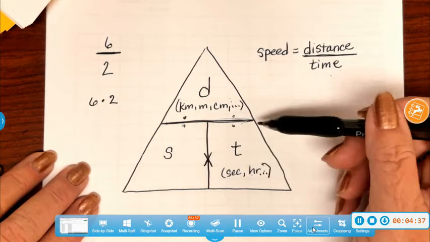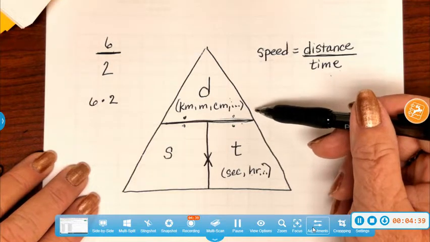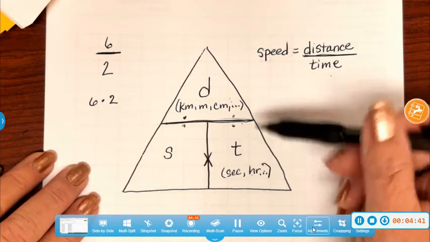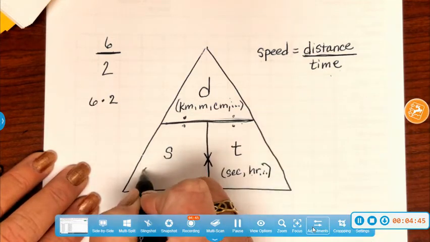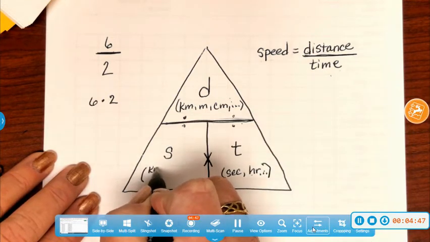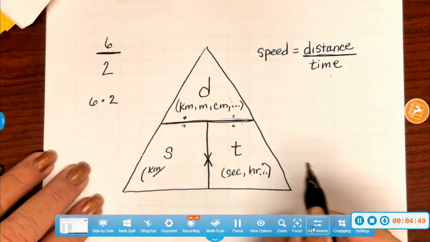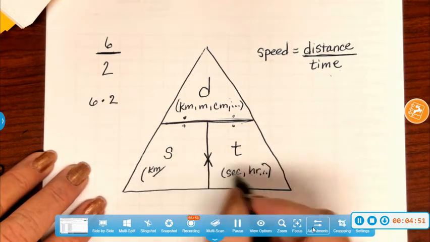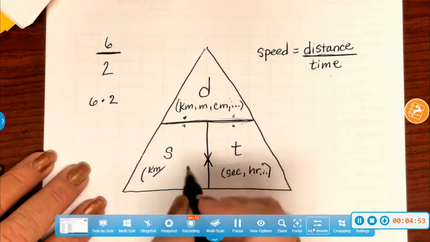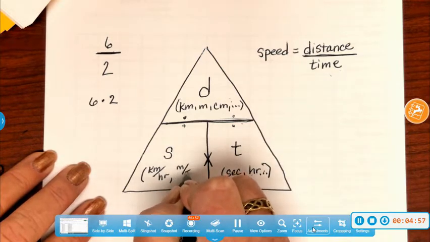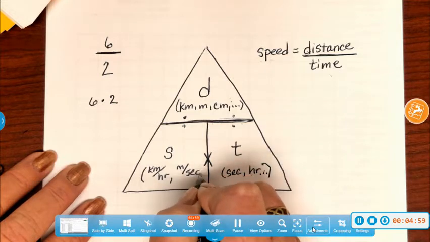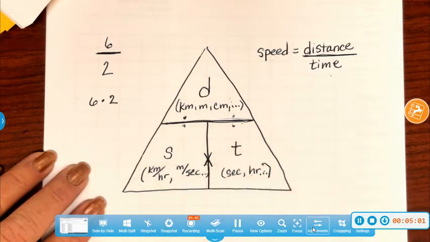Isn't it kind of weird that you're doing the exact same thing with the letters as you are with the numbers? Okay, so depending on what units you have, I'm just going to put a couple of examples here. These are called derived units. They're the result of doing some math. So kilometers per hour, meters per second, those are two common ones that we're going to use, and of course there are lots of others.